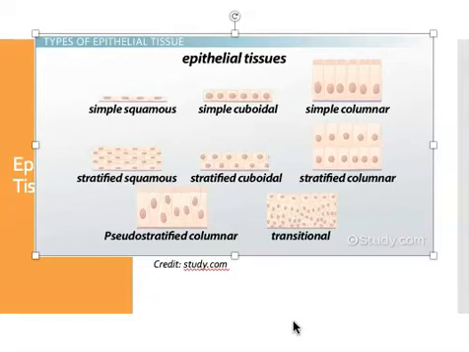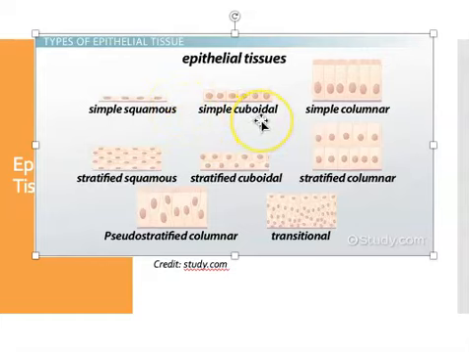Now, obviously, this is just a drawing, but it's a pretty good representation of what these tissues look like. Remember, first on our list is simple squamous epithelium. Simple meaning one layer, and squamous meaning that the cells are flattened out, and in living tissue, they have sort of irregular shapes. They're irregular borders around them.